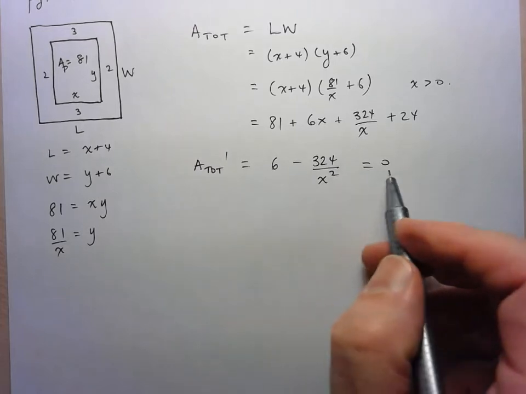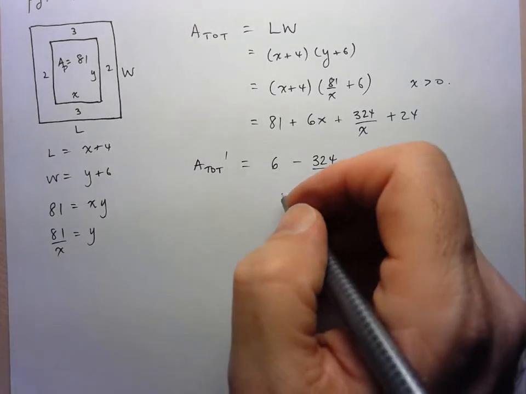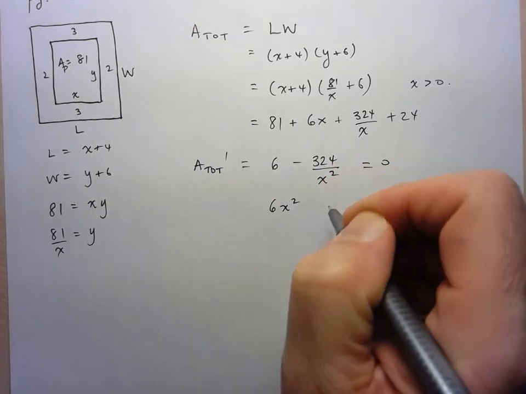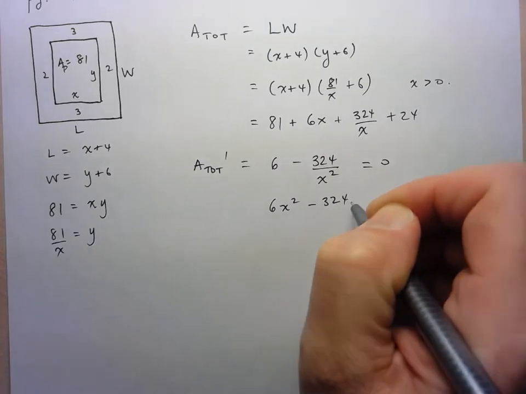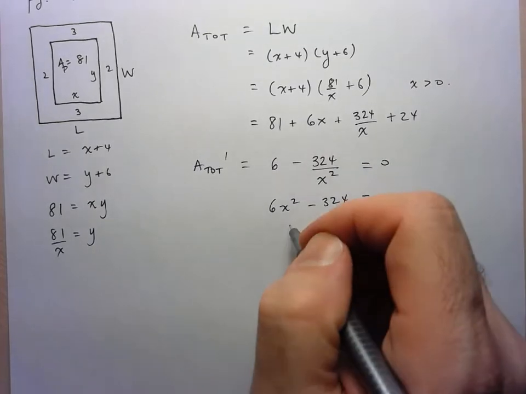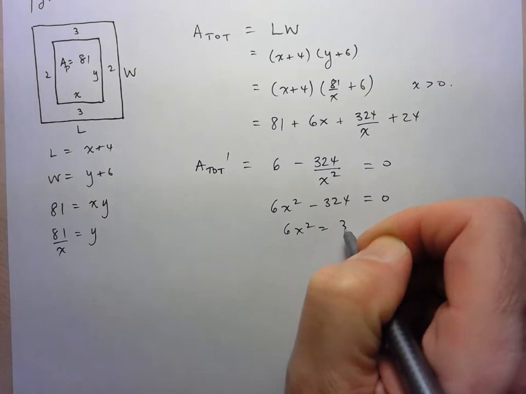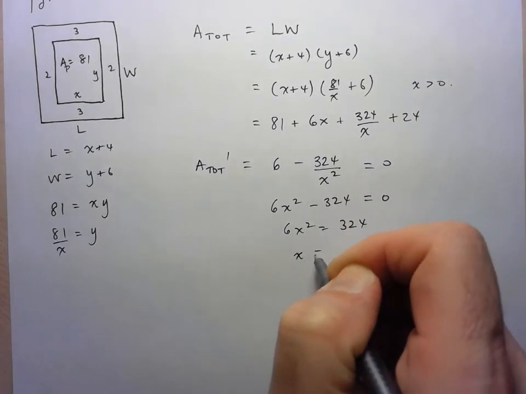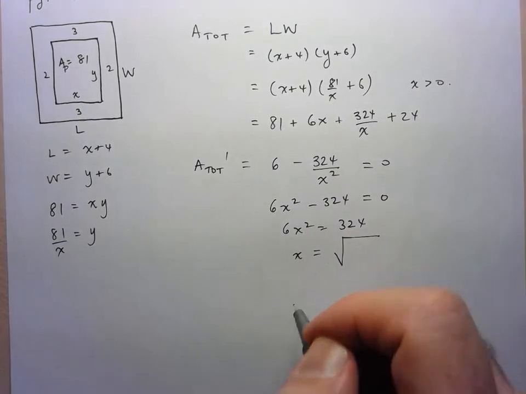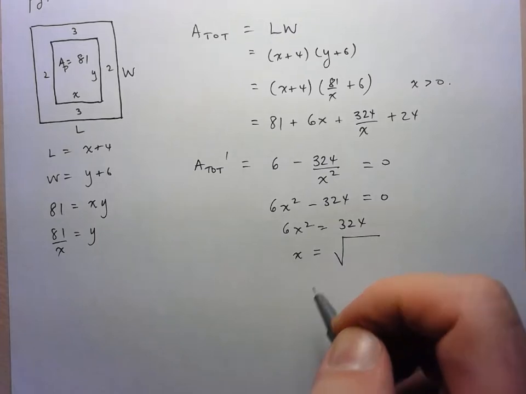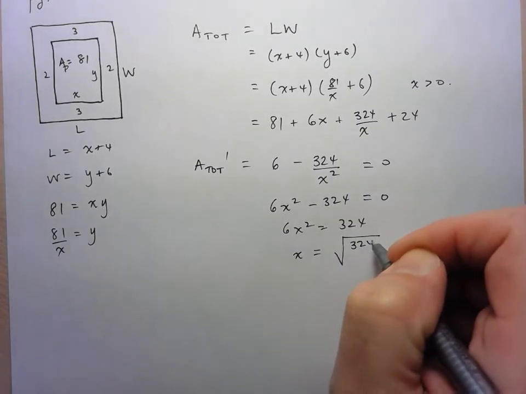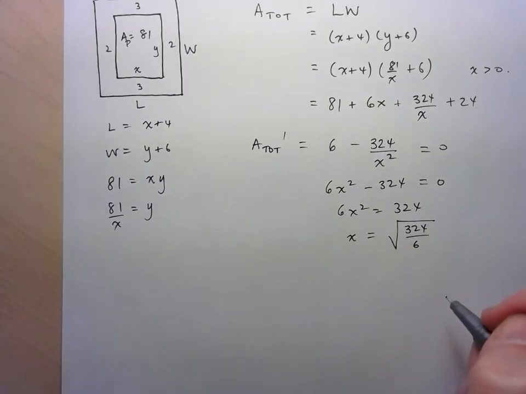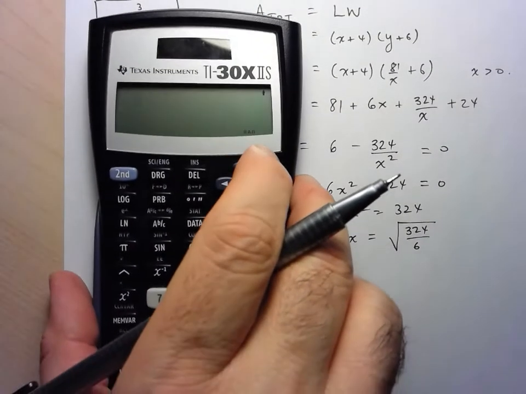So multiply both sides by the lowest common denominator, so I've got 6x squared minus 324 equals 0. So 6x squared equals 324, and so x is just equal to the positive square root, since x is a measure of length, of 324 over 6. Okay, so here let's get an estimate for that.